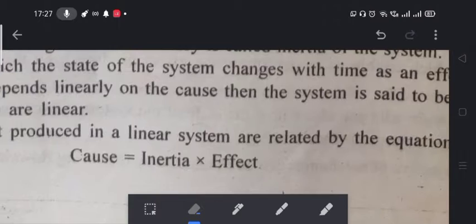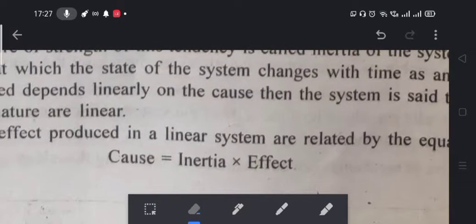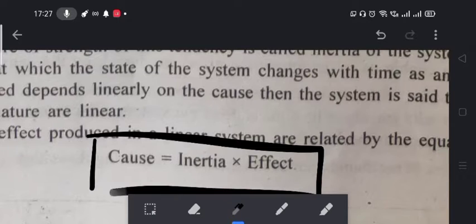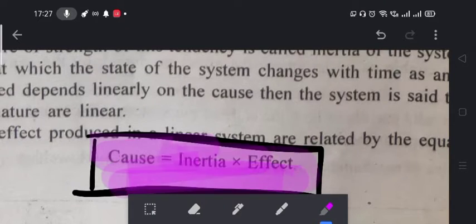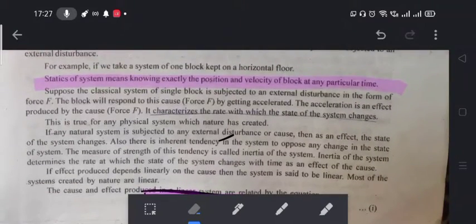Here we have that the cause is equal to inertia into effect. So for V is equal to IR, V was the cause, R was the inertia, and I was the effect. For F is equal to ma, F was the cause, m is the inertia, and a is the effect. I hope the part is clear up till here.